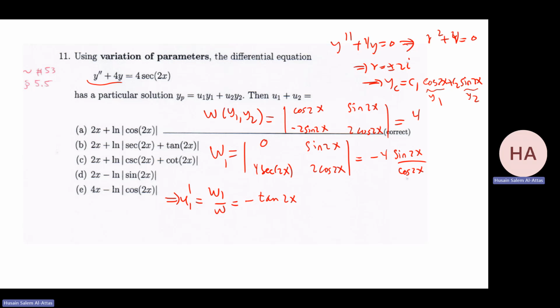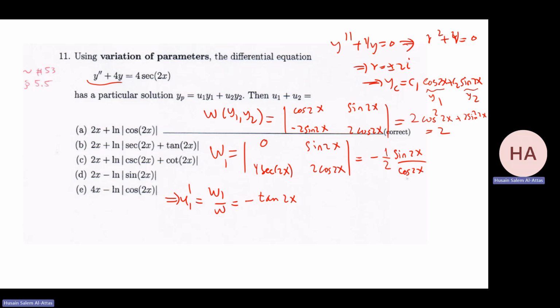That will be 2 cosine squared plus 2 sine squared. Sorry, this is 2, not 4. Let me do it. 2 cosine squared plus 2 sine squared will be 2 times 1, which is 2. So this will be minus 4 over 2, so this will be minus half.